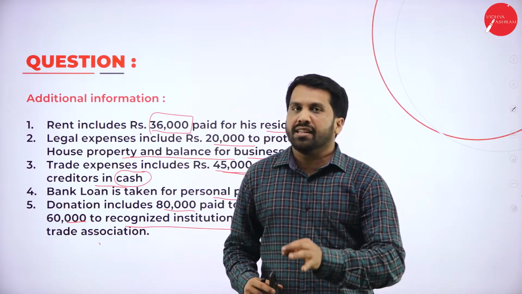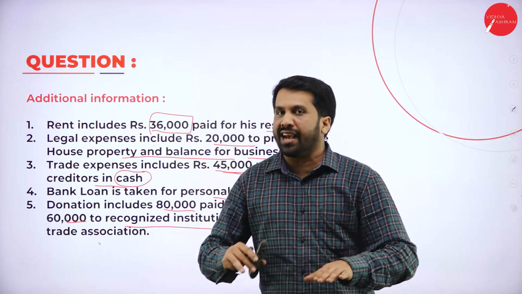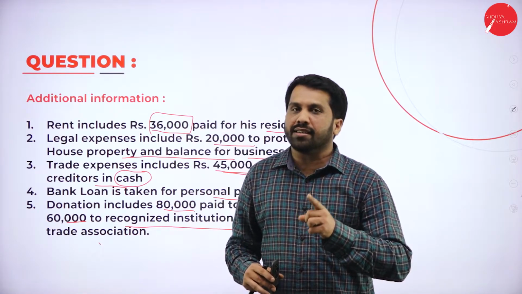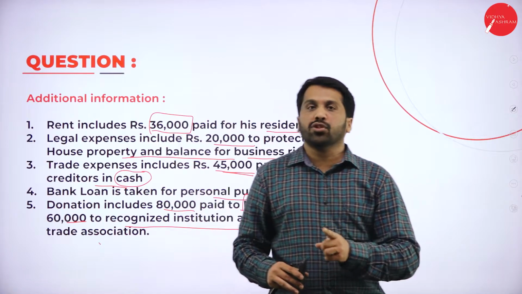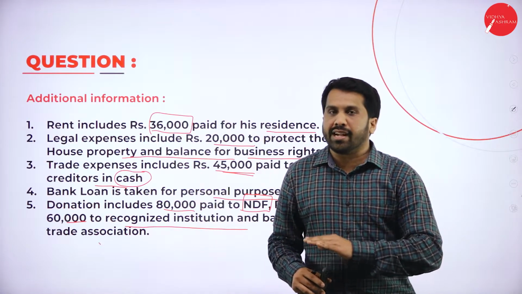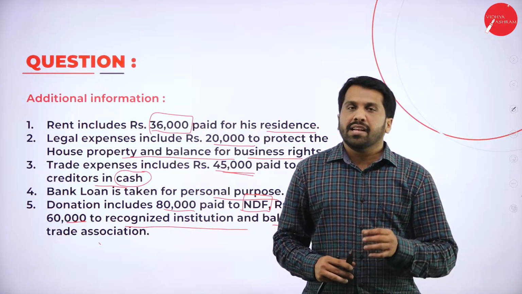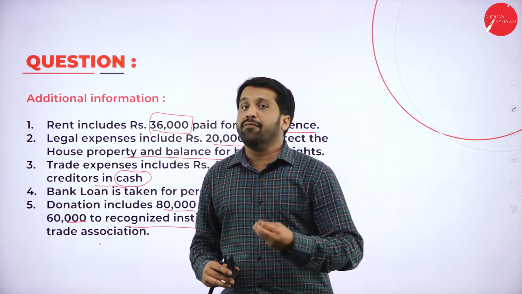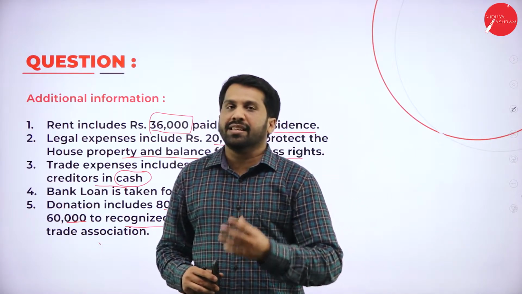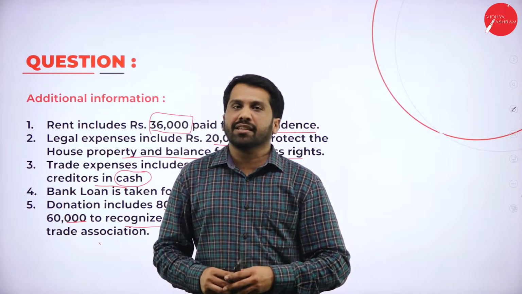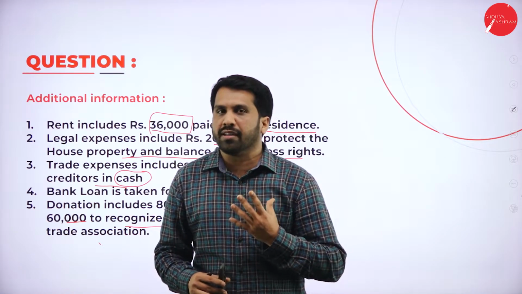It should be in the form of cheque, not cash. Because you're working under a company, your payment should be in the form of cheque. You cannot make a cash payment. If you are making a heavy cash payment, it means something is illegal or something is fishy. Okay, hope you are clear.